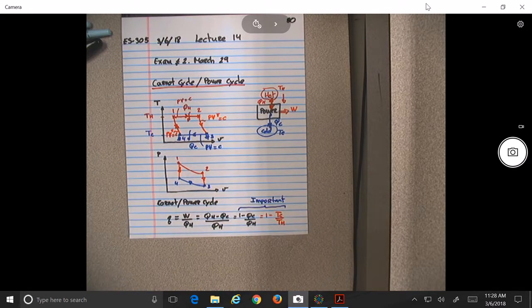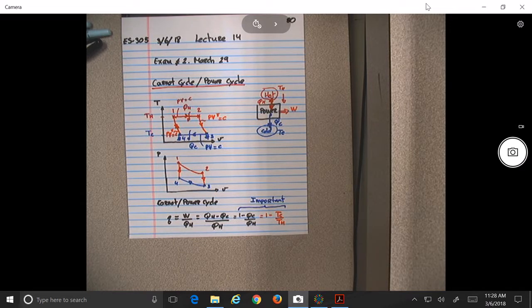All right, so what we are going to do today is to actually prove this relation over here. I know it sounds pretty easy. If I tell you, believe me, it's not hard to believe that the ratio of the heat is proportional to the ratio of the temperature, no? But you're going to see that the derivation is another story.